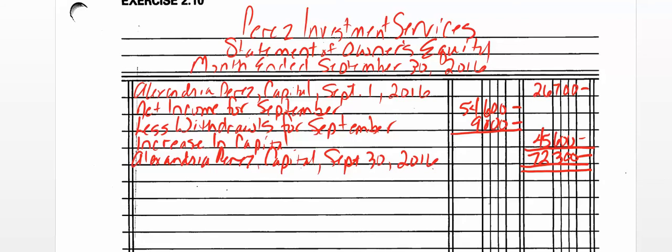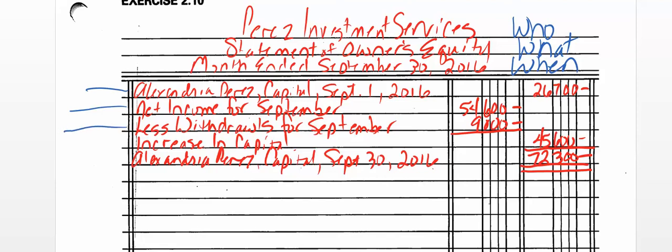So just to review here, like any other statement, we have the who, what, and when. In this case, the owner's equity, we start with the beginning balance of the capital account. We look at the income, or it could be a loss, for September. We check and see if there was any drawing taken out of the capital account by the owner, and there was.